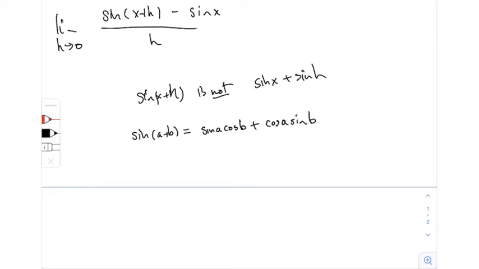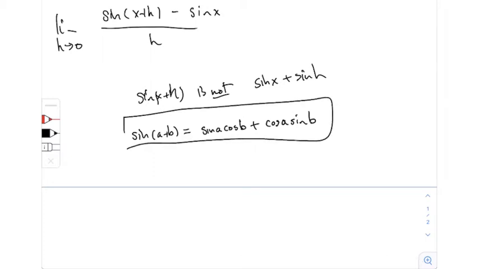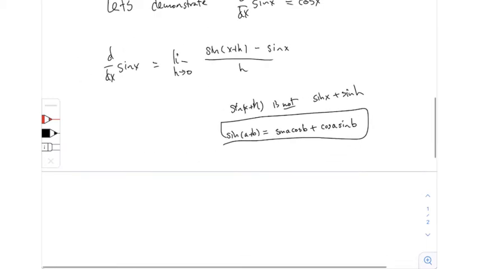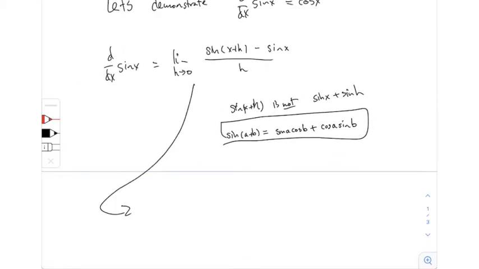Anyway, this is a true formula about the sine. I don't know if that looks familiar to you. It's fine if it doesn't. And like I said, I won't expect you to know this formula. But just for now, this is going to be useful in terms of simplifying that thing which you can see up in the corner there. All right, so I'm going to use the formula in the box to expand sine of x plus h. So it says lim h goes to 0.